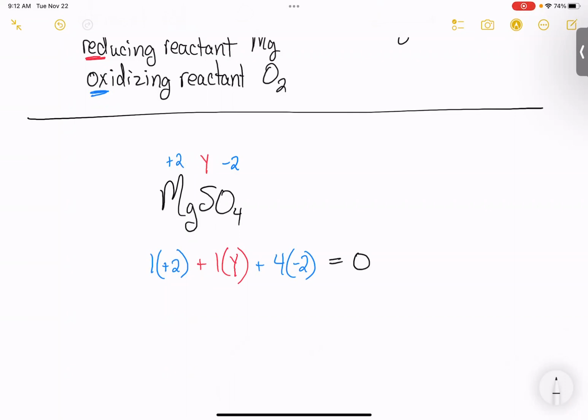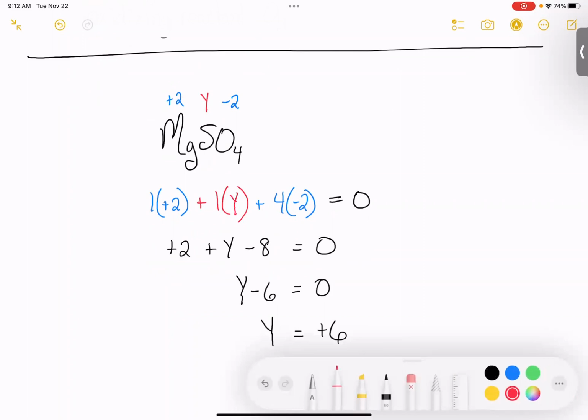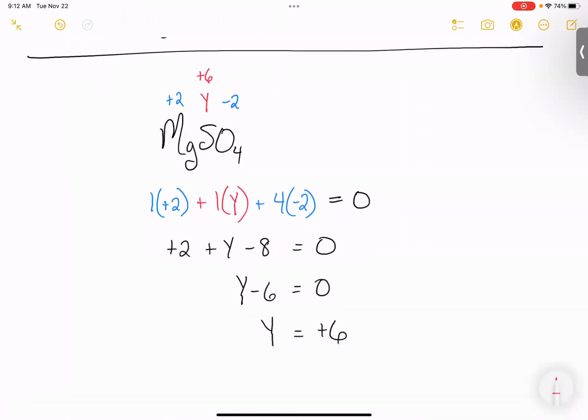This is rule number 6: if it's neutral, you set it equal to 0. So we have +2 + Y - 8 equals 0. Y - 6 equals 0. So Y has to equal a +6. Basically solving the algebraic equation. So this sulfur has a +6 oxidation state.